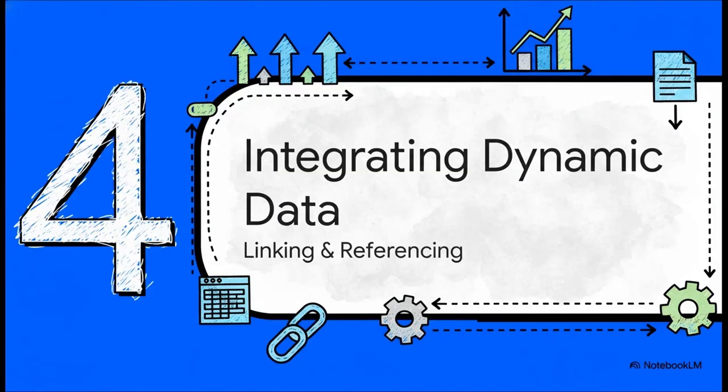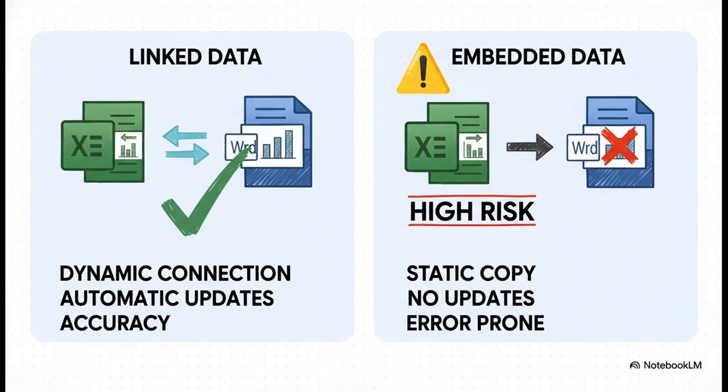Done. Okay, let's be real. A financial report is a living thing. The numbers can and often do change right up to the very last minute. So let's talk about how to build a report where the data is always accurate without you having to pull your hair out manually updating everything. This is a critical distinction, and there's only one right answer.